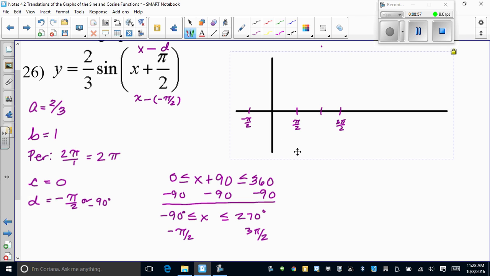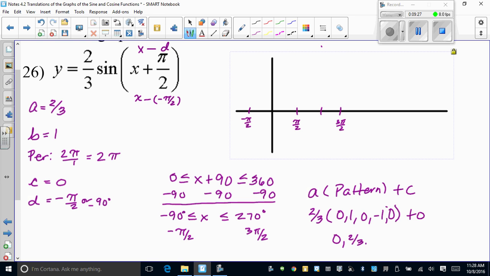Okay, so we need to do A times the pattern plus C, but our C value is 0. So it's 2/3 times our sine pattern of 0, 1, 0, negative 1, 0, plus 0, so we don't have to worry about that guy. So we're going to graph the points 0, 2/3, 0, negative 2/3, 0.